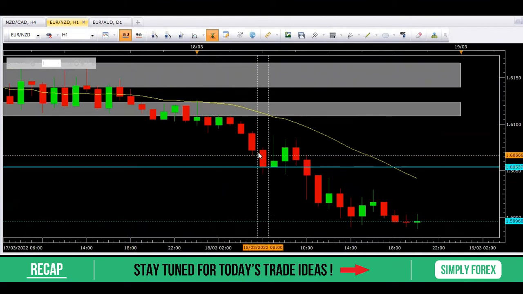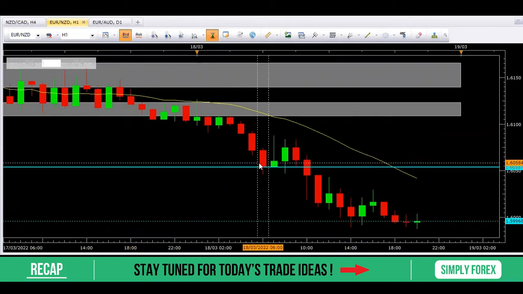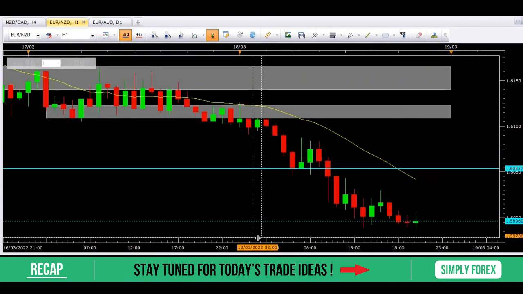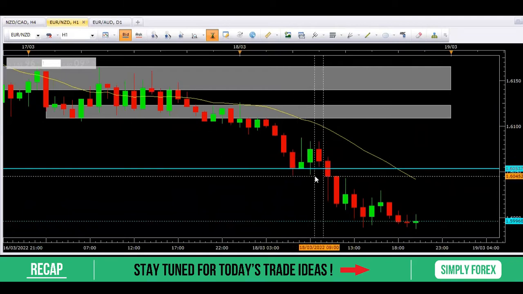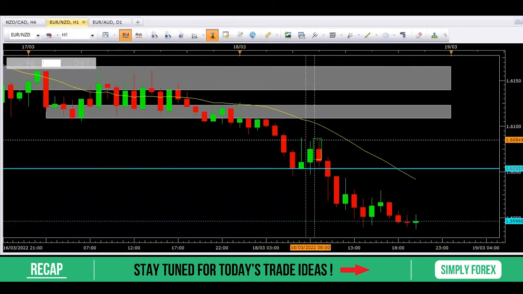Again, guys, the time I got up was around 5, 6 o'clock GMT, and to be honest with you, this market doesn't really give us an entry. We had this candle here, but the candle before it is too bullish. It doesn't tell me that sellers are in control. Then we have this candle, which has a large wick on it.